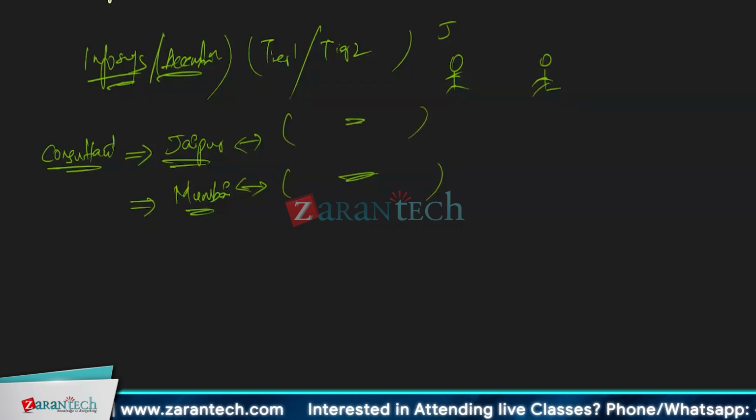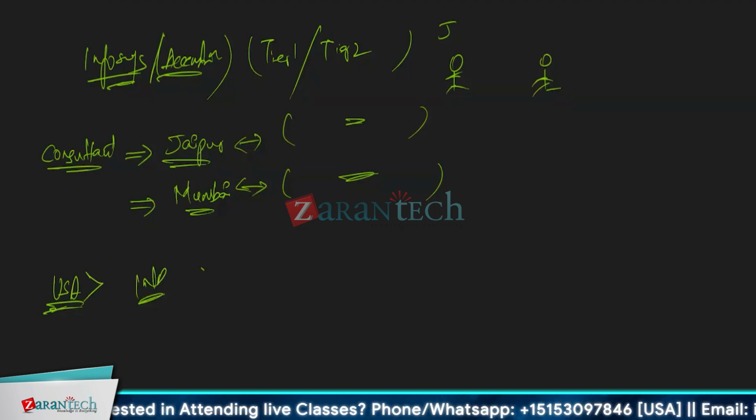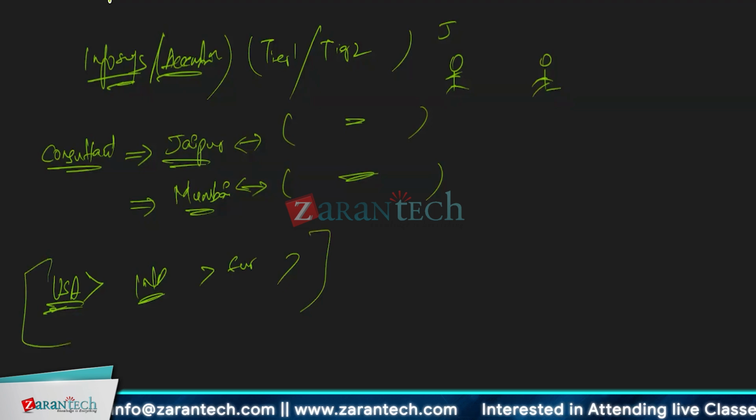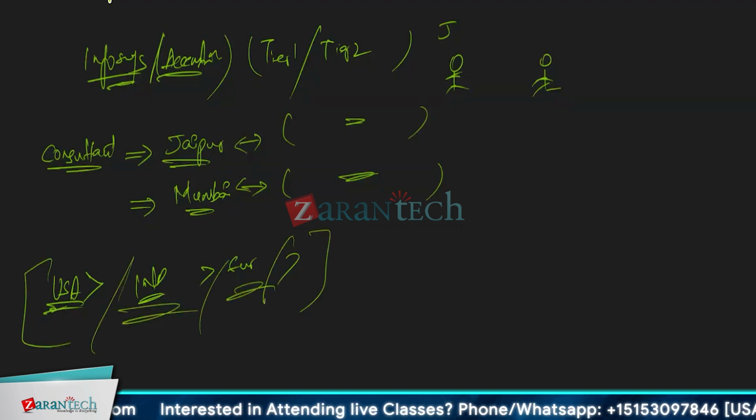Similarly, you might be paying a different salary for somebody in the US, because the cost of living and the general price of items in the US is a lot higher than in India, than in some European country, than in some African country. So there will be a difference in pricing of how employees are paid in different countries.